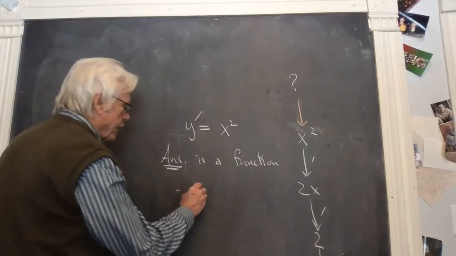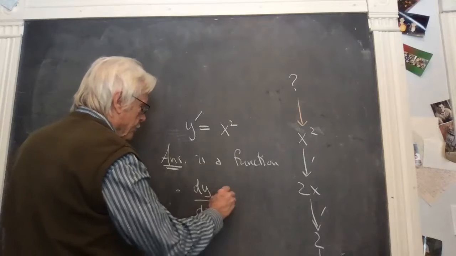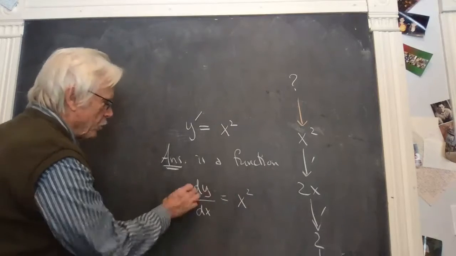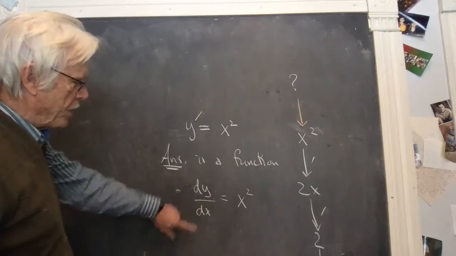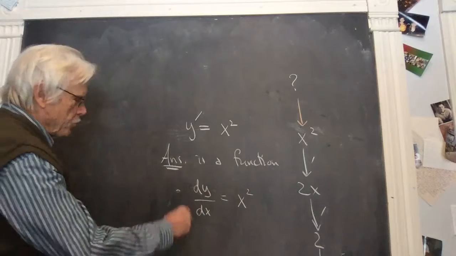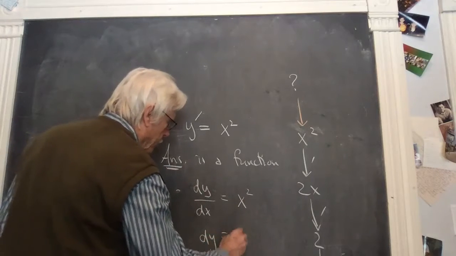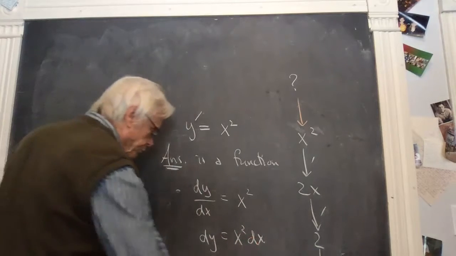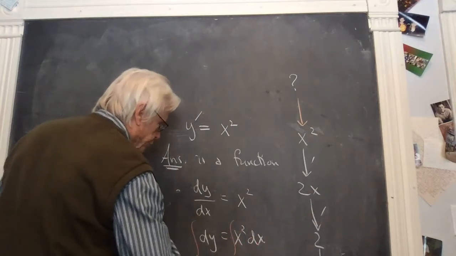But there's kind of a mechanism for solving this. This mechanism was actually invented to solve this problem, this notation of derivative as change of y divided by change of x. And you treat these differentials as numbers. So dy is equal to x squared dx. And so now you can integrate both sides of this.